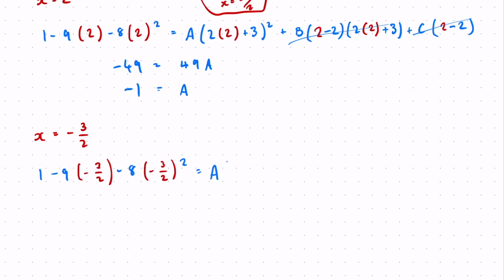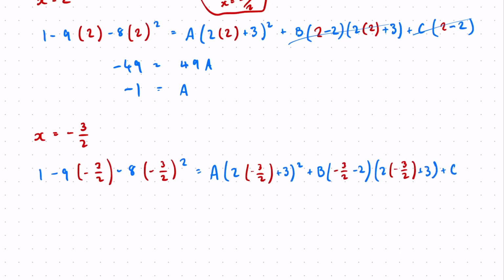A(2 lots of minus 3 over 2 plus 3) squared plus B(minus 3 over 2 minus 2)(2 lots of minus 3 over 2 plus 3) plus C(minus 3 over 2 minus 2).